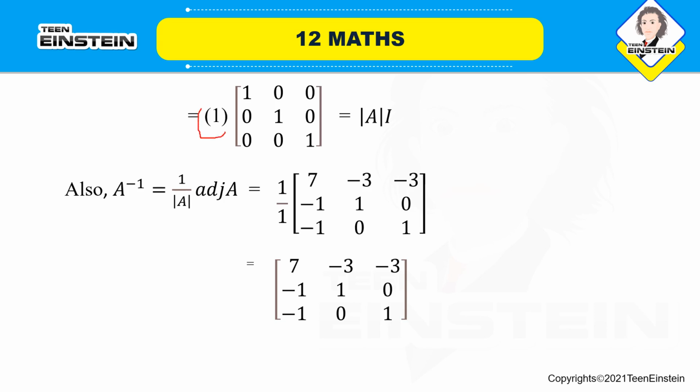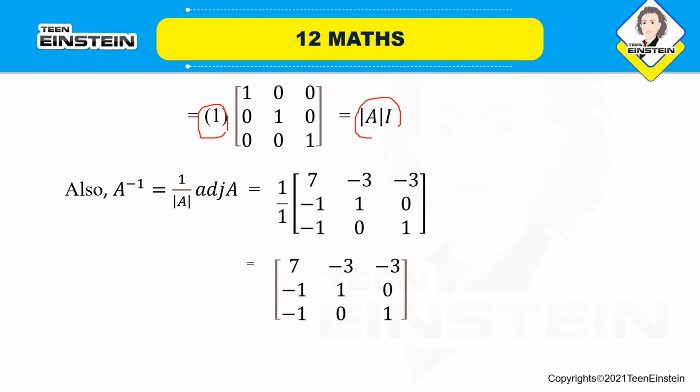Why I have written like this? Because I have to prove that A into adjoint A is determinant A into I. So in order to get this result, I have rewritten it as 1 into the matrix, because then I can replace this 1 by determinant A, because determinant A value is 1.